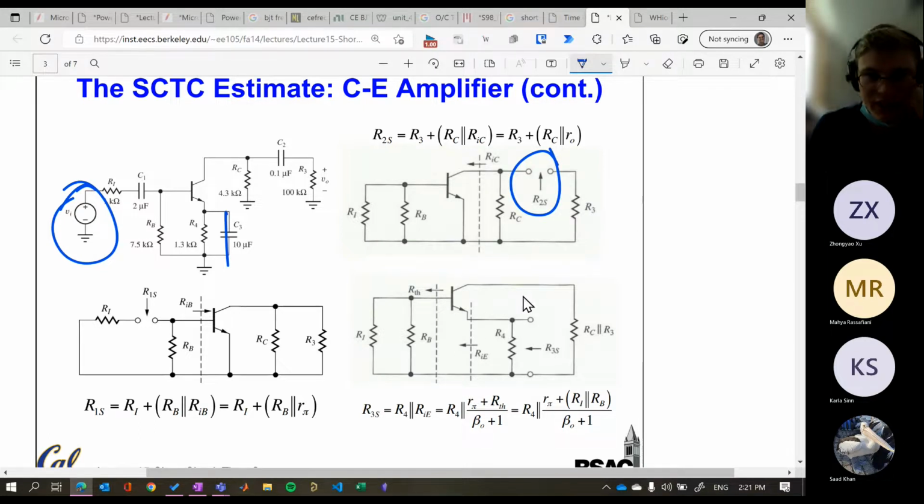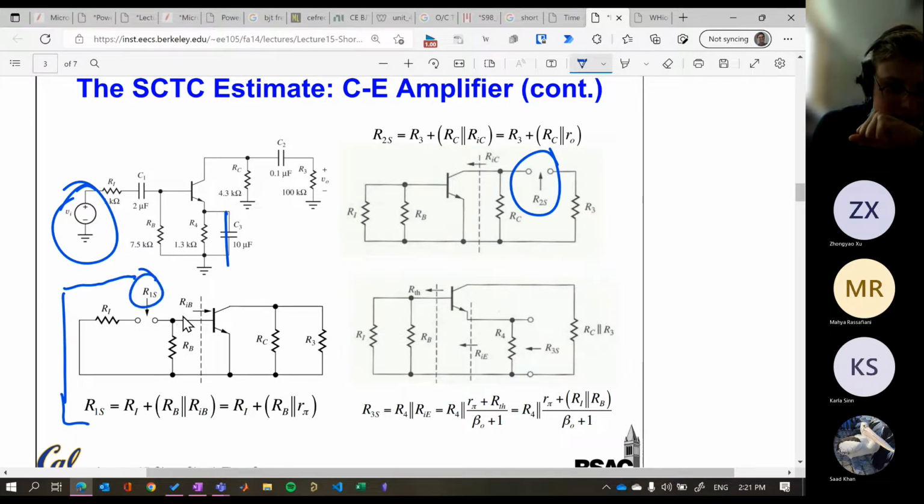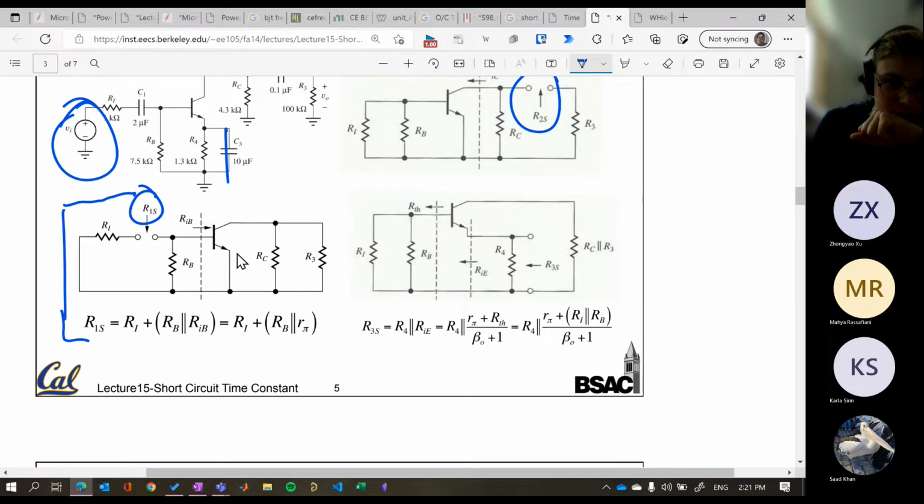So we're going to try and dive into this so then we're understanding it a bit better. Okay, so here's R1. Let's start with R1. The resistance that R1 is going to see is essentially, R pi goes to ground. So it's just going to be this one in series with those two in parallel, RB and R pi.